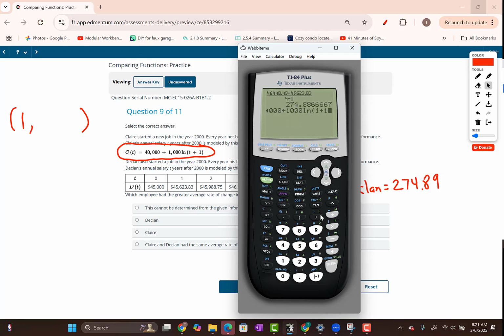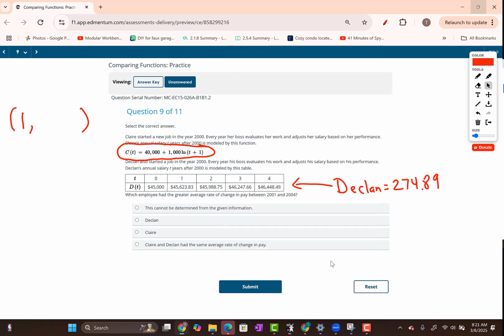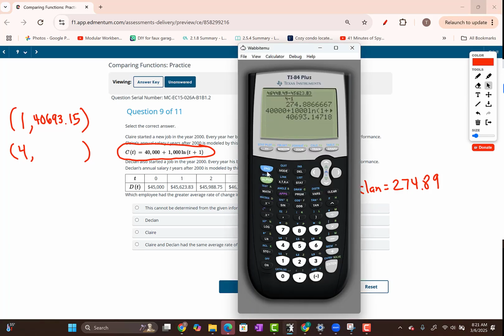It's going to be 1 plus 1. So when x is 1, Claire is making $40,693.15. My guess is these are going to be far apart enough where the cents don't matter if we round slightly differently.